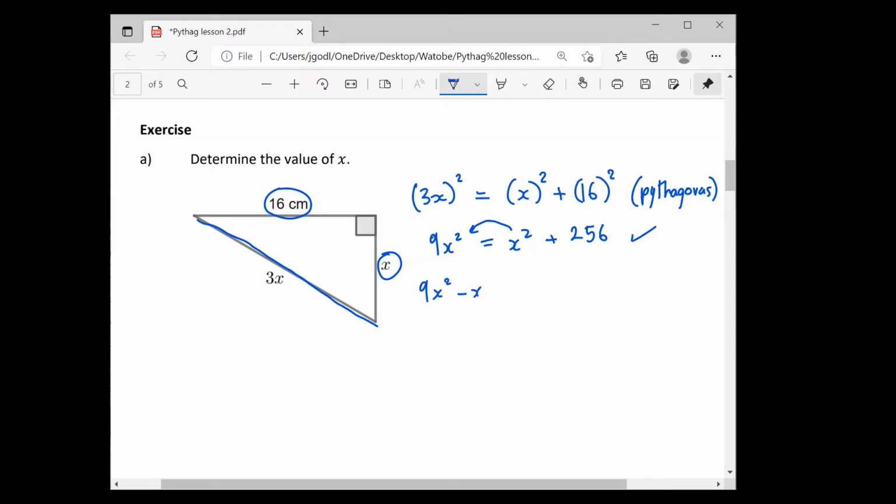So 9x squared minus x squared is equal to 256. 9 minus 1 is 8. So 8x squared is equal to 256. I'm going to divide both sides by 8. And so x squared is equal to 32.